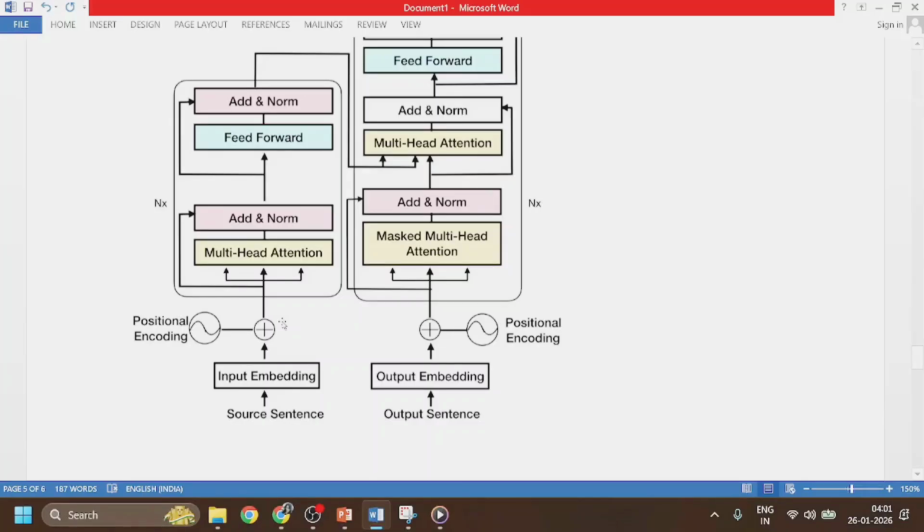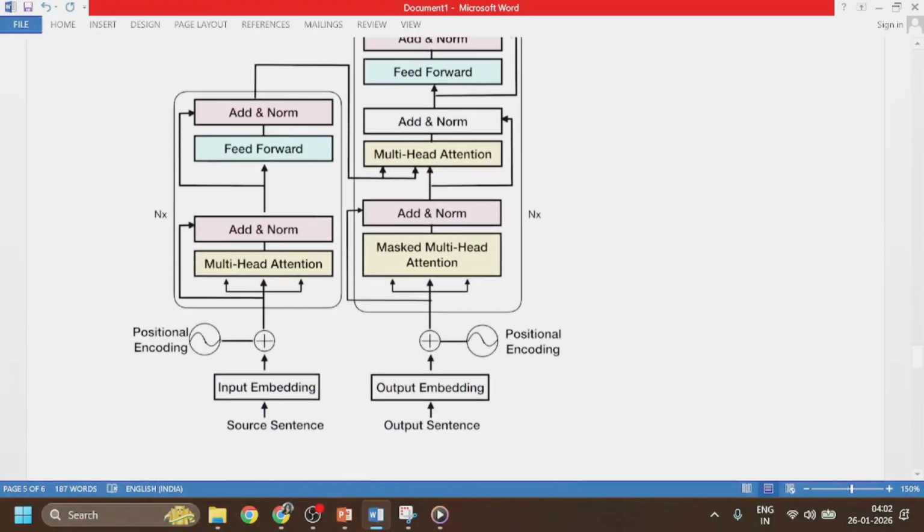This helps the model to capture context and relationship, not just the word position.